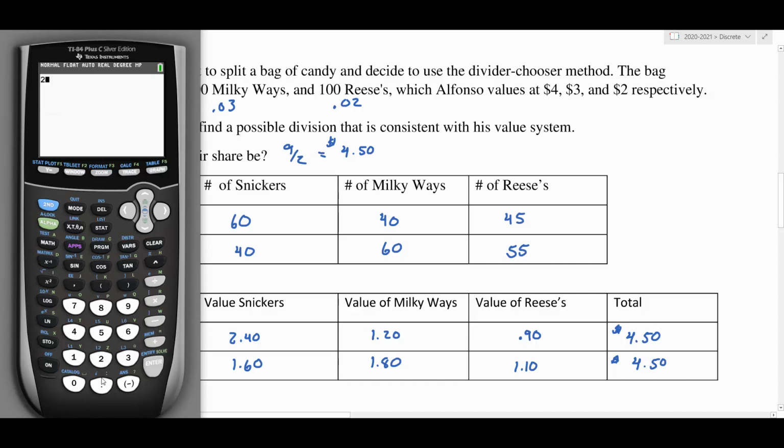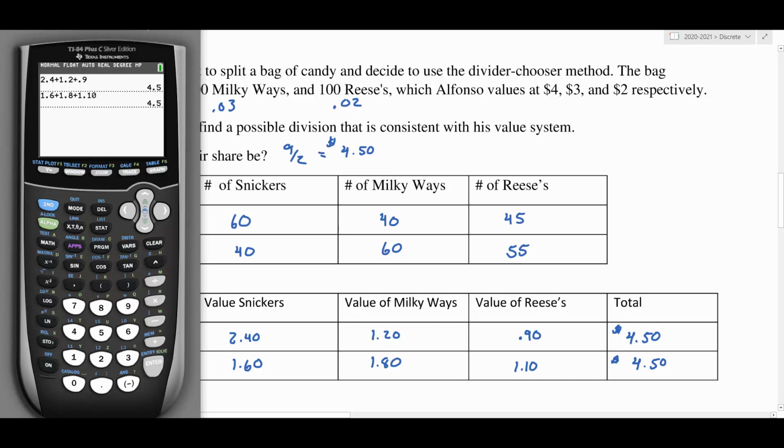We got 2.4 plus 1.2 plus 0.9, and sure enough we get our $4.50. And then in half two we'll add that one together too, so we got $1.60 plus $1.80 plus $1.10. And again we get $4.50, which is exactly what we wanted.